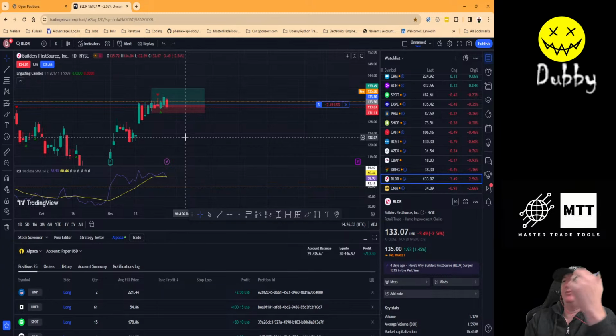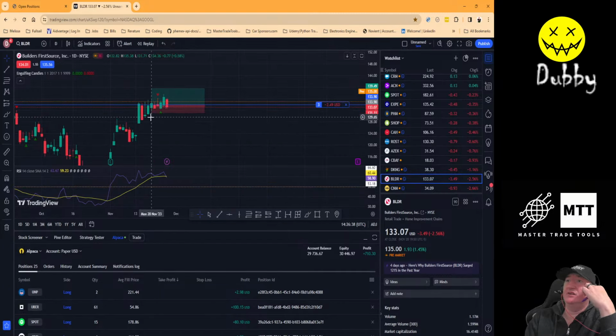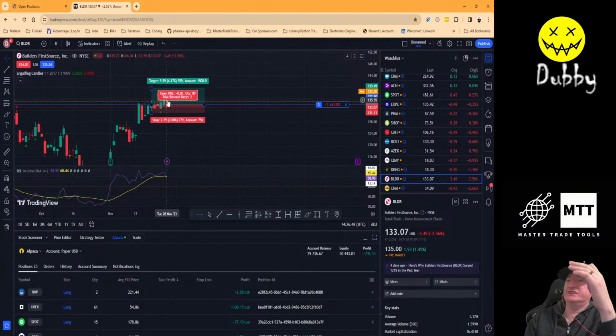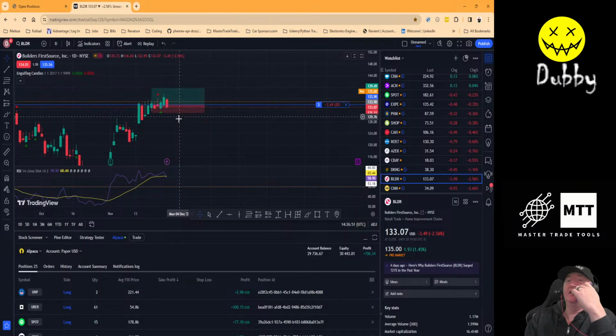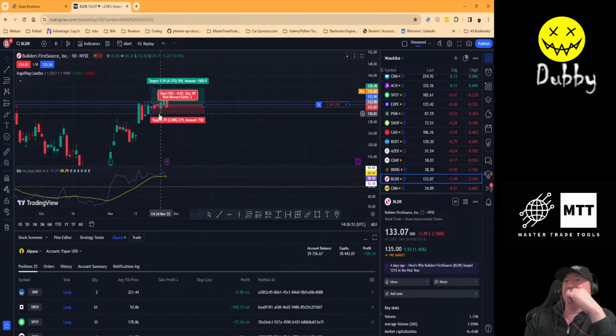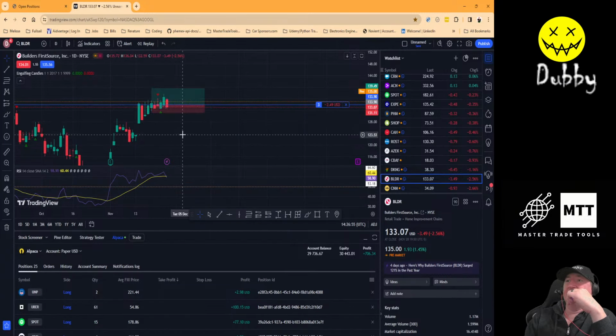I guess we've got what they call a flag in this case, or a triangle, but I don't really pay attention to that. I know that as it gets even smaller and smaller, eventually it's going to break out one way or the other. In this case, it looks like we've got that bullish engulfing candle, but right beside it we've got a bearish candle.